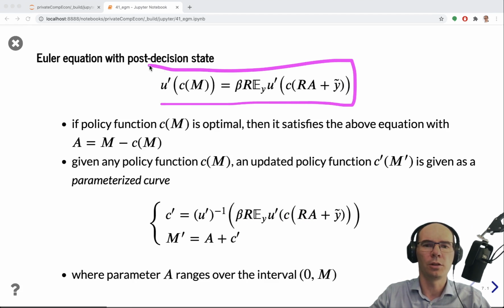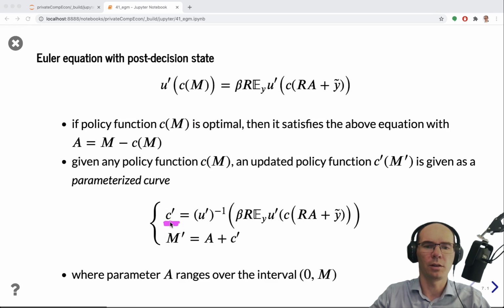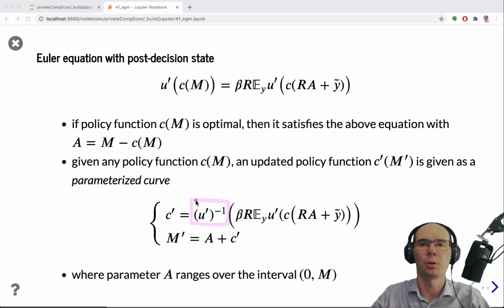From the Euler equation, we can derive the current period optimal consumption, C prime, by inverting the marginal utility. This is the marginal utility of consumption today. And because we know the utility function in analytic form, maybe we also know the marginal utility function in analytic form, and we can invert it. Then calculating this function is just an application of a formula, which is wonderful for computation, right?